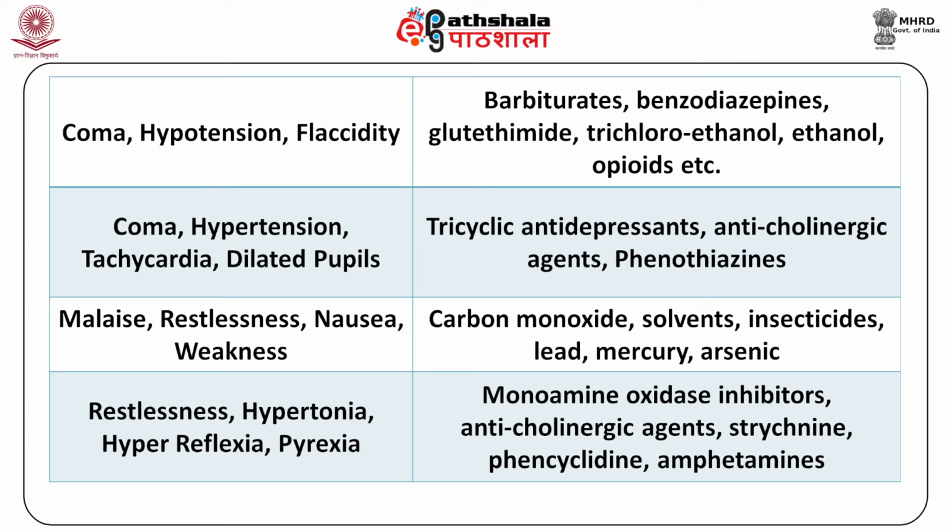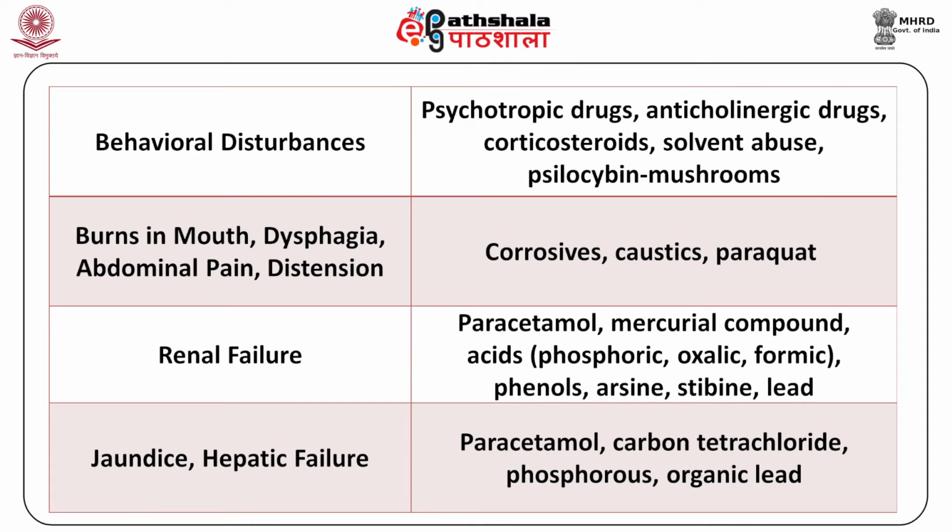For restlessness, hypertonia, hyperreflexia and pyrexia, it is monoamine oxidase inhibitors, anticholinergic agents, strychnine, phencyclidine and amphetamines. For behavioral disturbances, it is the psychotropic drugs, anticholinergic drugs, corticosteroids, solvent abuse, psilocybin mushrooms.